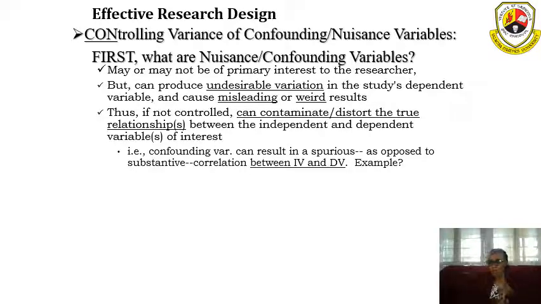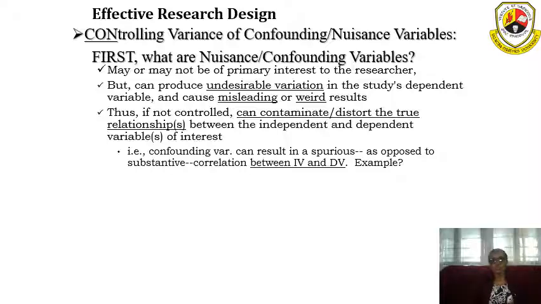I remember one person said pineapple was seen to fight viruses. In that case, the confounding variables would be those things that help you fight, the antibodies within your body, those things that increase your immune system to be able to fight this thing. So those are the confounding variables.